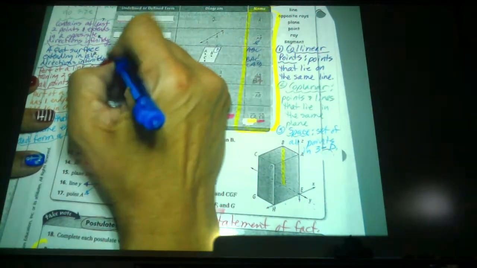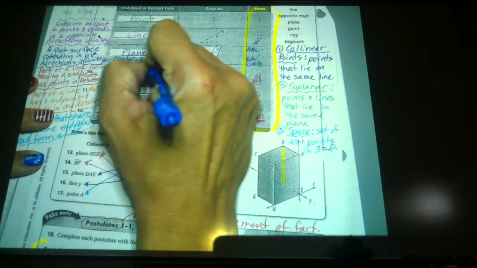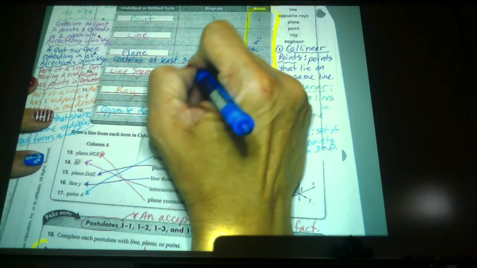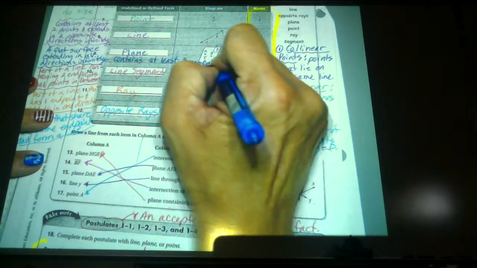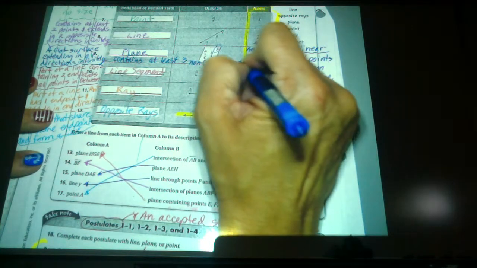It's a flat surface extending in all directions infinitely that contains at least three non-collinear points.